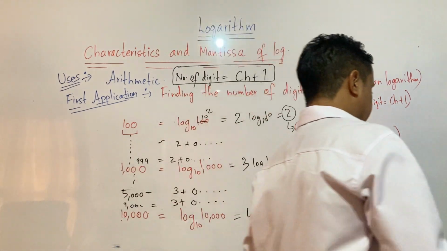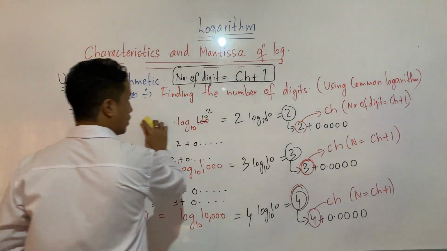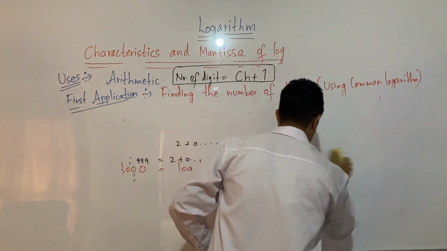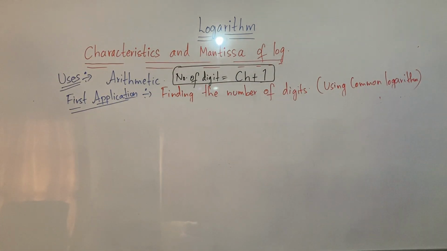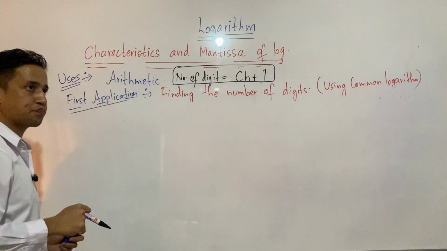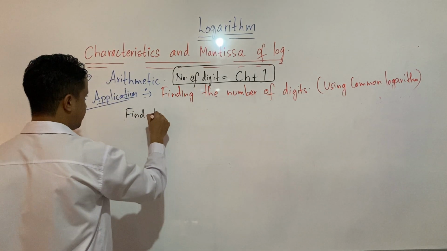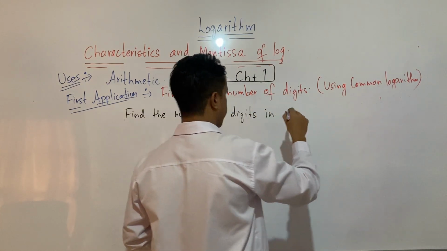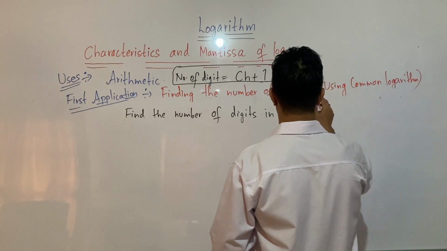Now come to the example. You have to find the number of digits in 6 raised to power 20.